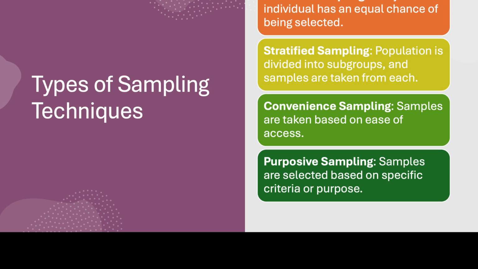Purposive sampling. Samples are selected based on specific criteria or purpose. So, for example, purposive sampling is very important with qualitative study because if you're going to study the lived experience of an individual, you're going to select who are really the population that you would like to get in terms of your sample. So, say for example, the lived experience of second year nursing students who are HK scholars.